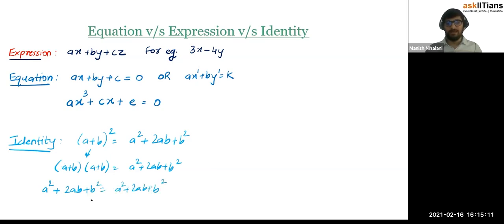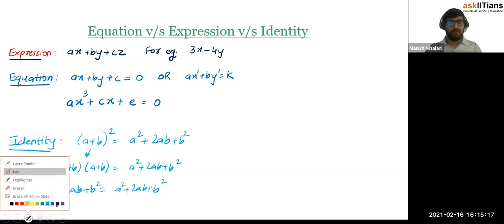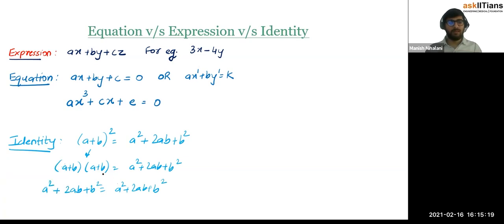Now, instead of cancelling out everything and saying you are getting 0 equal to 0, what I am trying to say is just take the a square on the right side to the left side, take the 2ab on the right side to the left side, take the b square on the right side to the left side. So you will get a square minus a square, which is just 0a square, plus 0ab plus 0b square equal to 0.